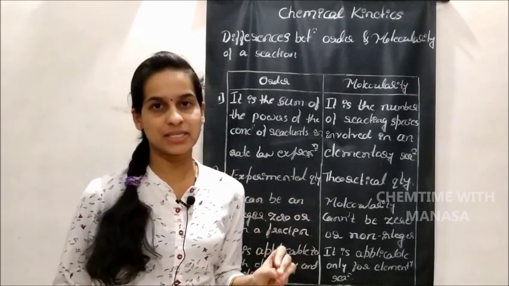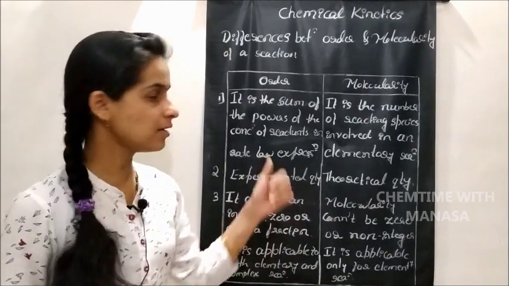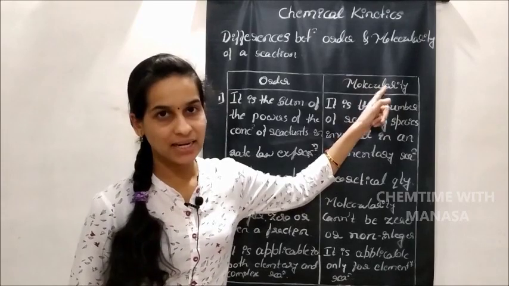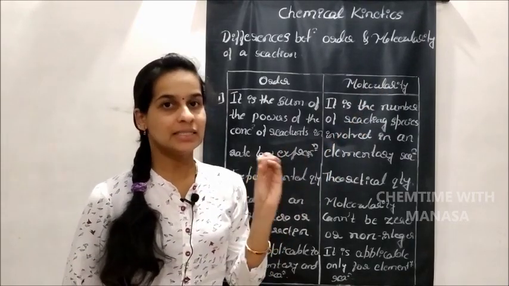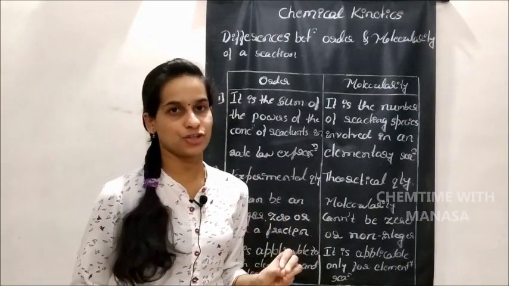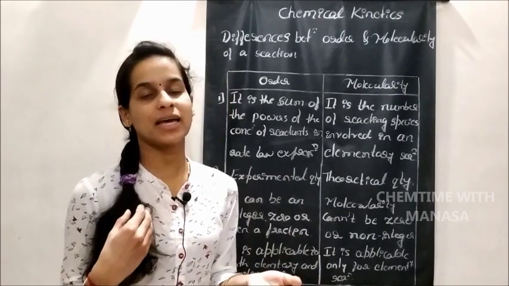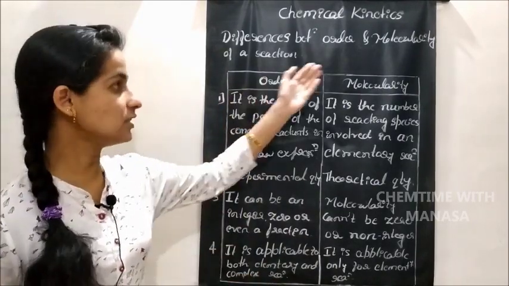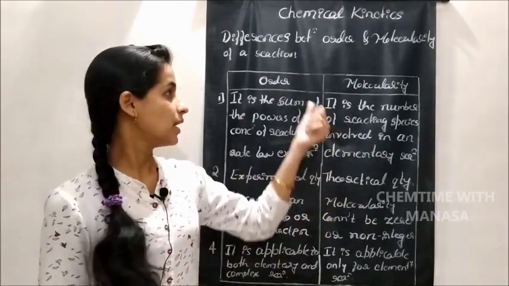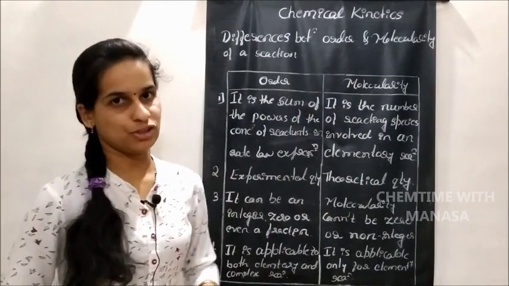Order of a reaction is the sum of powers of concentration of reactants in rate law expression, whereas molecularity is defined as the number of reacting species involved in an elementary reaction which must collide simultaneously to bring about a chemical reaction. So order and molecularity. You may ask to write the definitions of order and molecularity for 1 mark question.